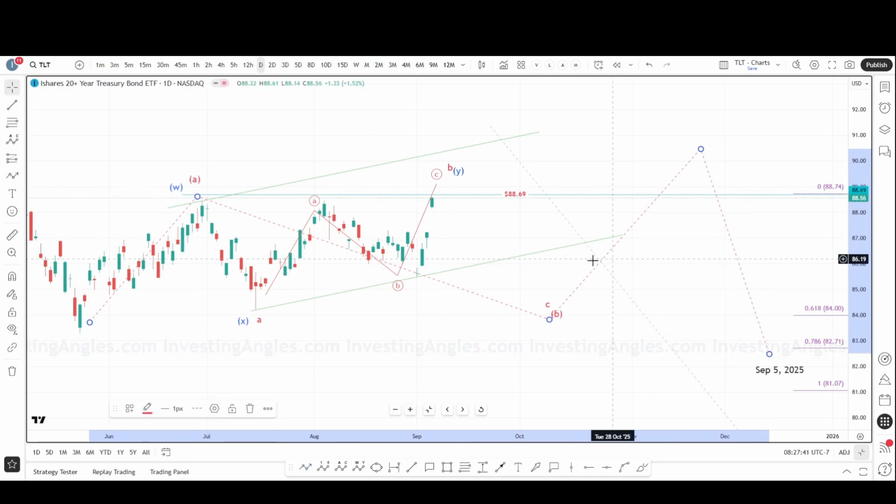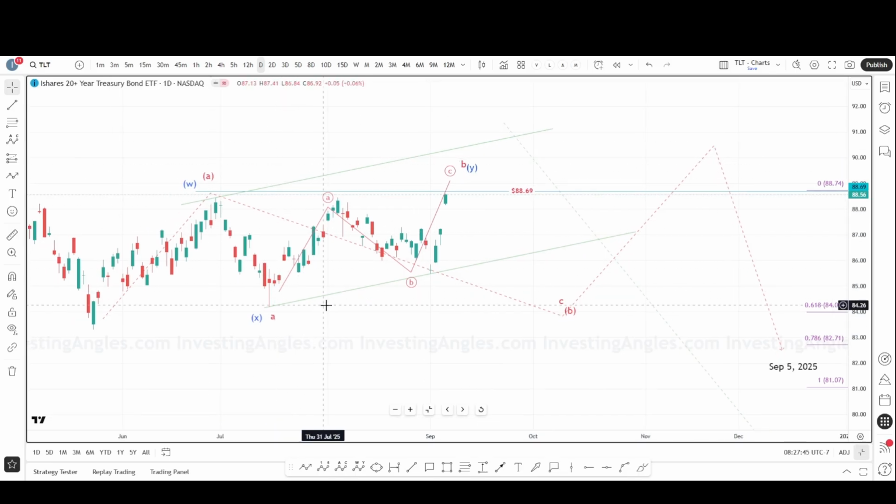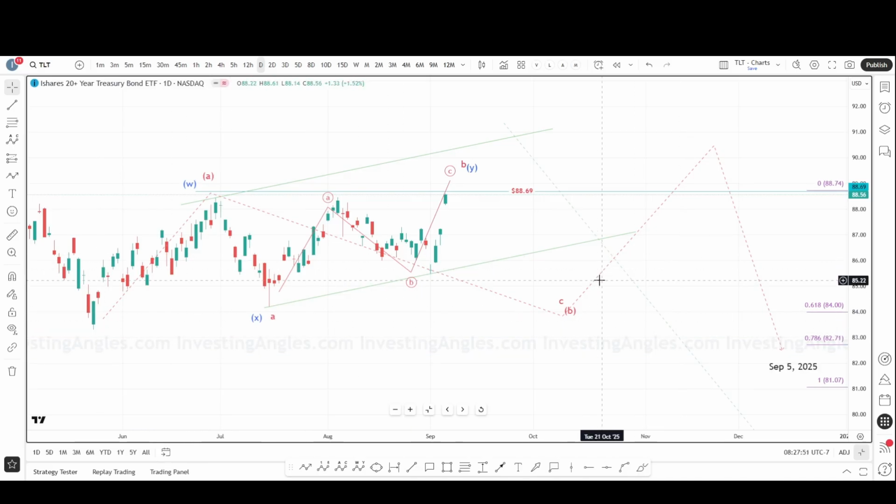So this is the corrective structure moving upward, and there is a very high risk of printing a lower low one way or the other. So right now there are still quite a few paths open, and at this point it's a really, really complex structure.